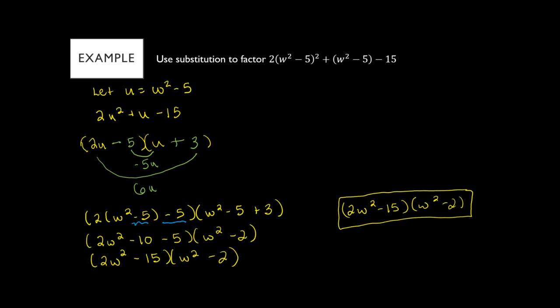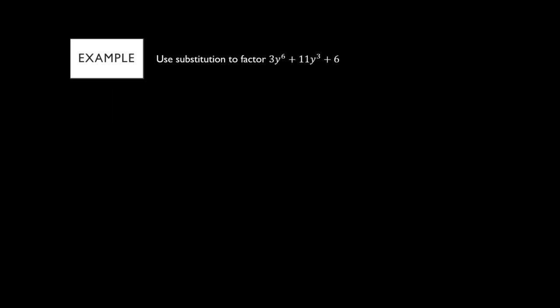Okay, so I've got 2 more examples, and these are different. These are totally different types that you may not realize you can do substitution in, because you don't see parentheses and things in common here. So we've got 3y to the 6th plus 11y cubed plus 6.